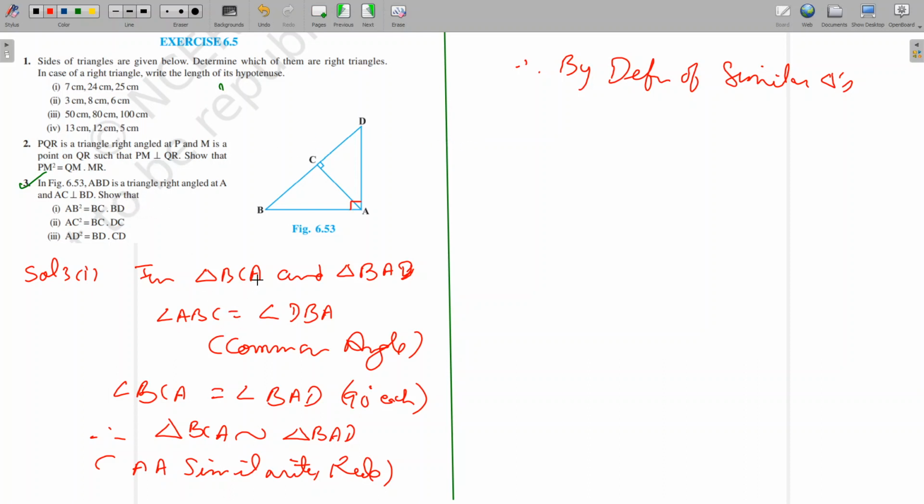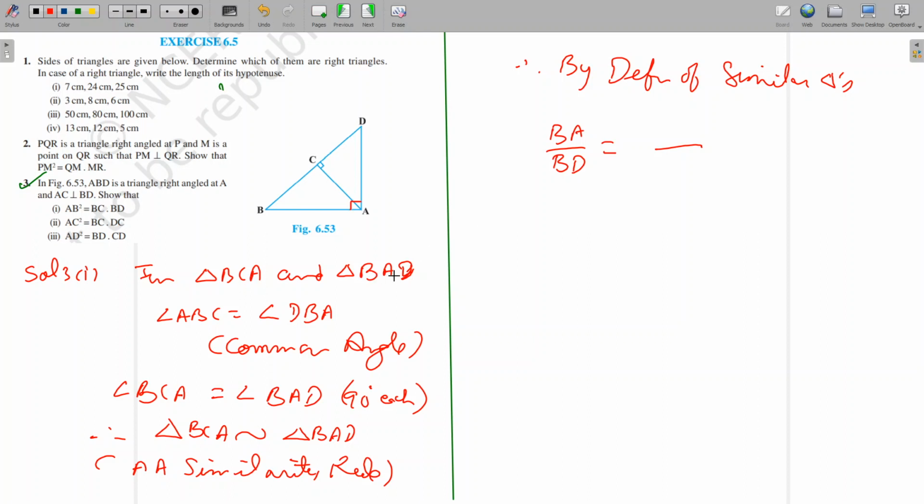So from the first triangle we will take BA. Corresponding to BA, on the other triangle, the side is BD. So BA is proportional to BD. So we'll write BA over BD equal to. Since we have to prove that AB square equal to BC into BD, it is very obvious that when we take the second ratio, BA should be in the denominator.